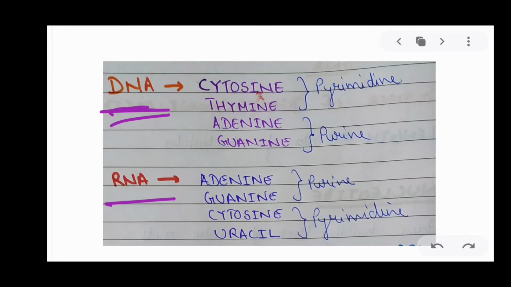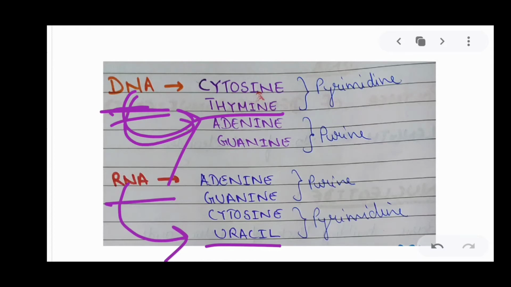But we have to be really careful about thymine and uracil: RNA contains uracil and DNA contains thymine. This is important in transcription, translation, and protein formation. So when there is transcription, replication, and all the processes, we need to make sure that we don't make mistakes. That is the reason to remember that DNA contains thymine and RNA contains uracil.